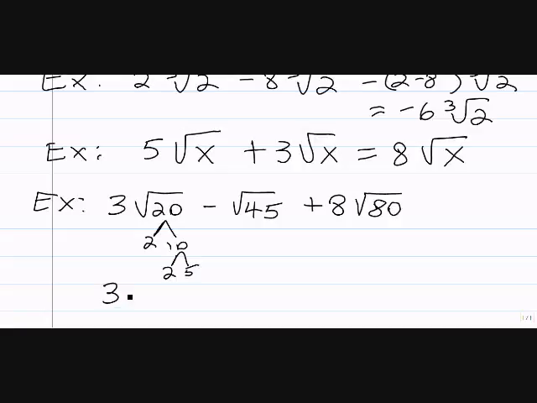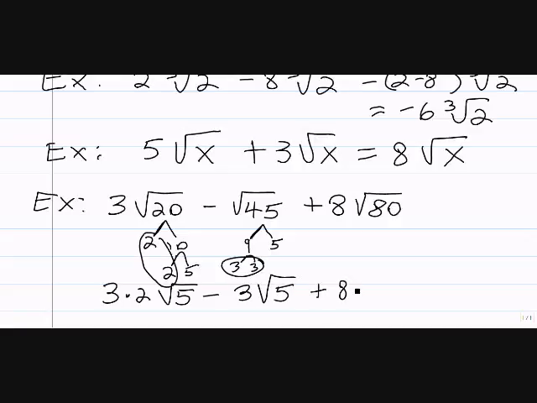So this is 3 times, pull out this 2, times the square root of 5. 45 is 9 times 5. 9 is 3 times 3. Get to pull that 3 out, so this is minus 3. The 5 was left over, times the square root of 5.